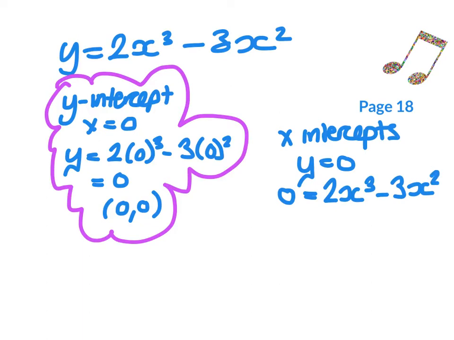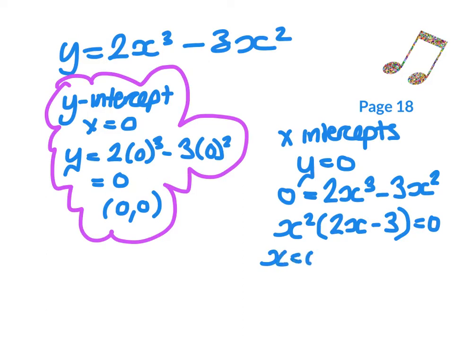I want to solve for x, so I'm going to factorise, taking out common factor of x squared. I'll have 2x minus 3 equal to 0. So either x equals 0 or x equals 3 over 2. So our two x-intercepts are 0, 0 and 3 over 2, 0.